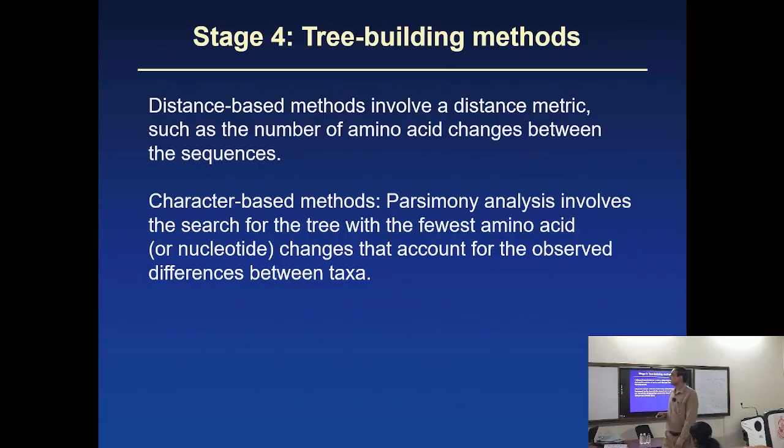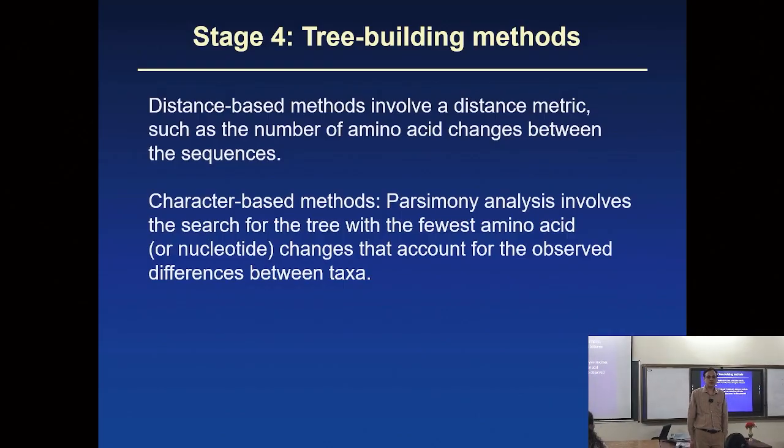Okay. And character based methods are different in the concept that the whole idea of character based methods is that let us make a tree that can have the minimal number of substitutions or mutations, that can explain the divergences in those sequences that you have used to make the tree, because the whole idea is that nature is parsimonious.